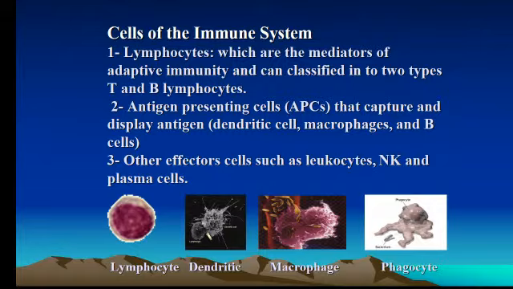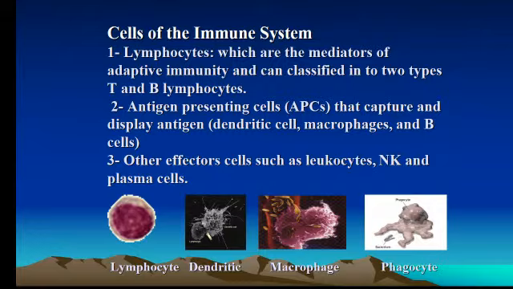So B lymphocytes are actually antigen-presenting cells. There is no drawing showing that cell, but it is mainly an antigen-presenting cell of the immune system, probably from the adaptive immunity.